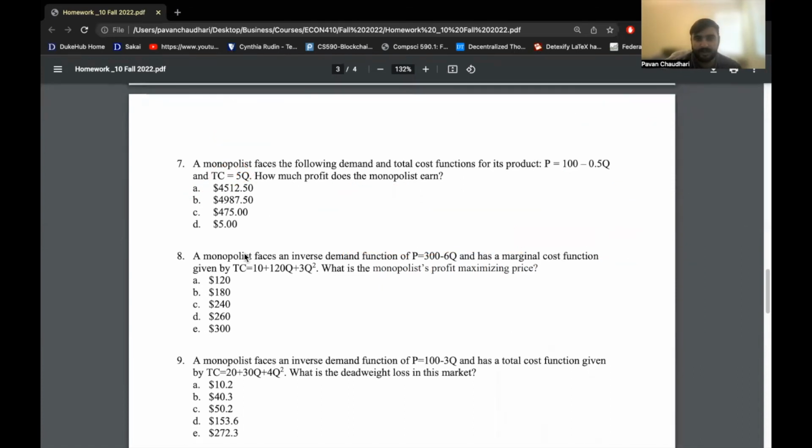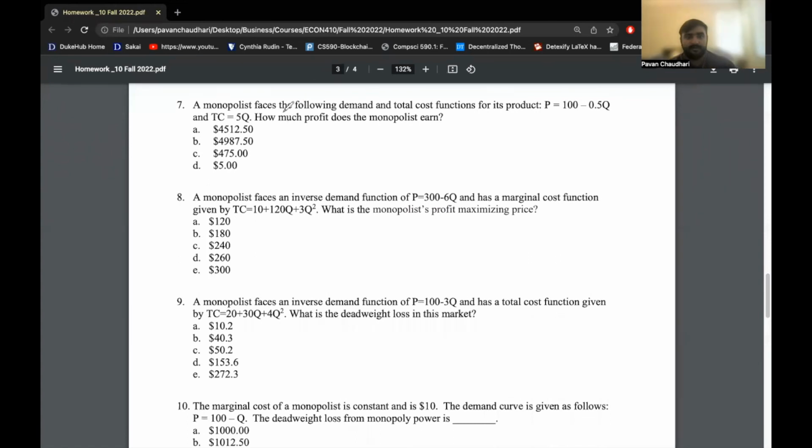Okay, good. Number 8 is very similar to number 7, right? So we find the marginal revenue: same intercept, double the slope, minus 12Q. We find the marginal cost, so we get 120 plus 6Q. And we set them equal, right? So that's the first step as always: MR equals MC.